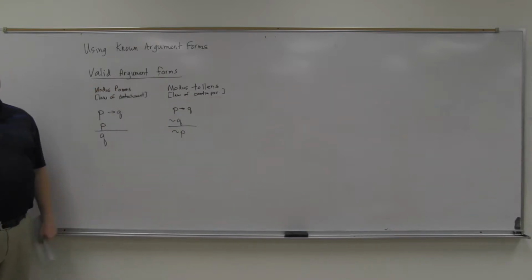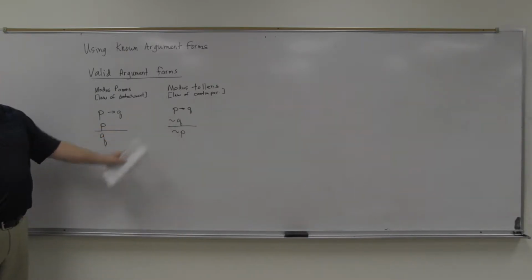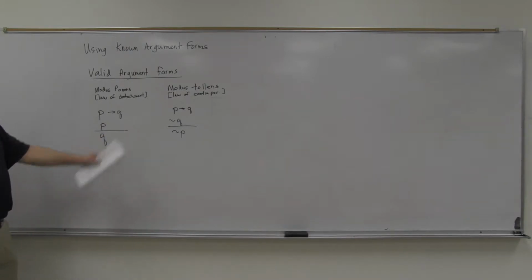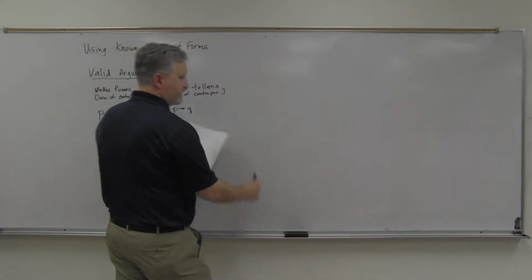Yep. They've already shown it's valid, and they've given it a name. So that's another valid form. We won't have to use a truth table on that. That's a valid argument form as well.